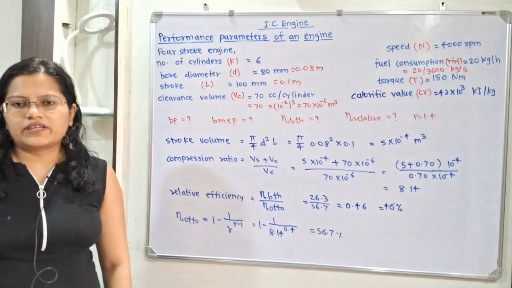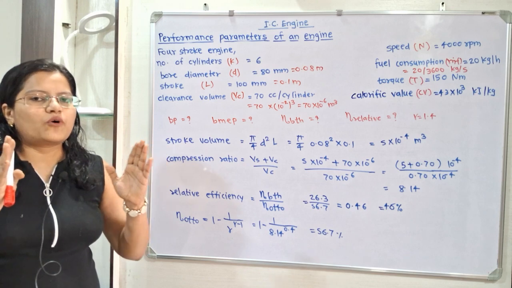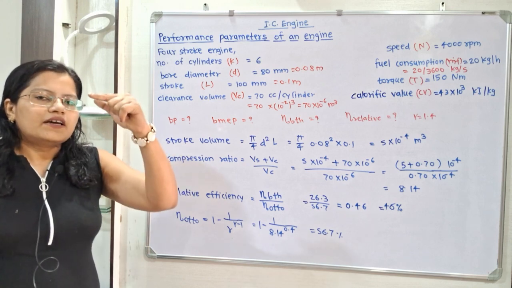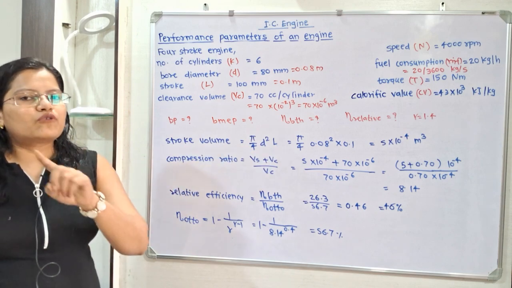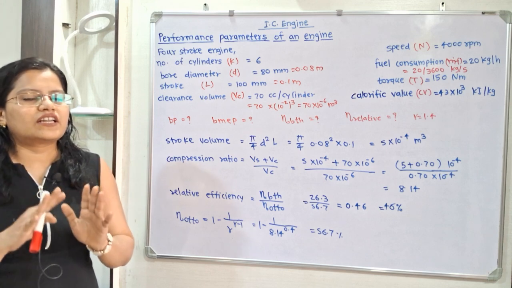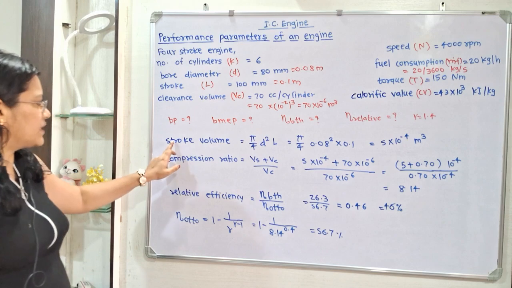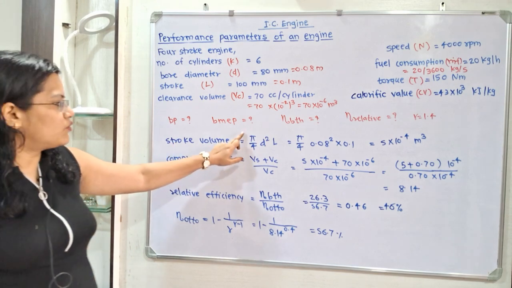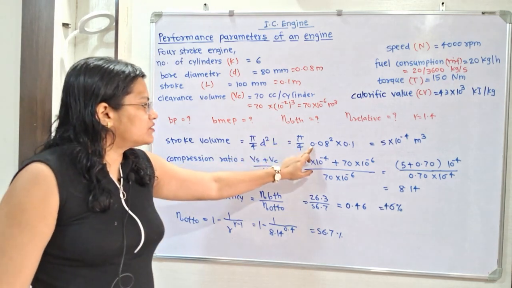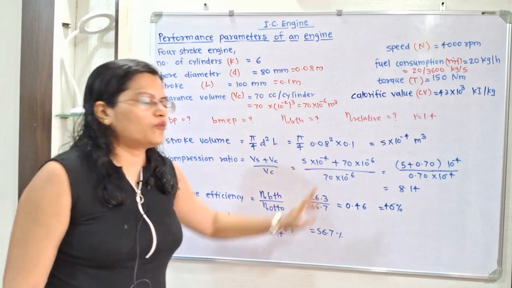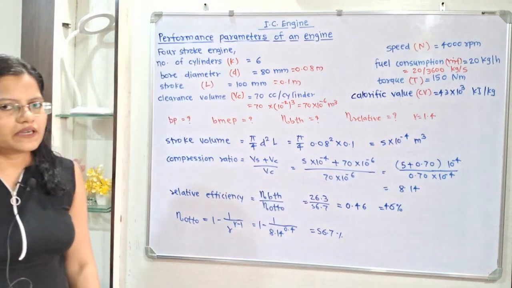So how to calculate this? When the piston moves from top dead center to bottom dead center, the length covered is known as stroke length L, and we multiply with the cross sectional area of the cylinder bore, which is pi by 4 d square. So stroke volume is equal to pi by 4 d square L. So it is pi by 4 into 0.08 square into 0.1, which is equal to 5 into 10 raised to minus 4 meter cube.